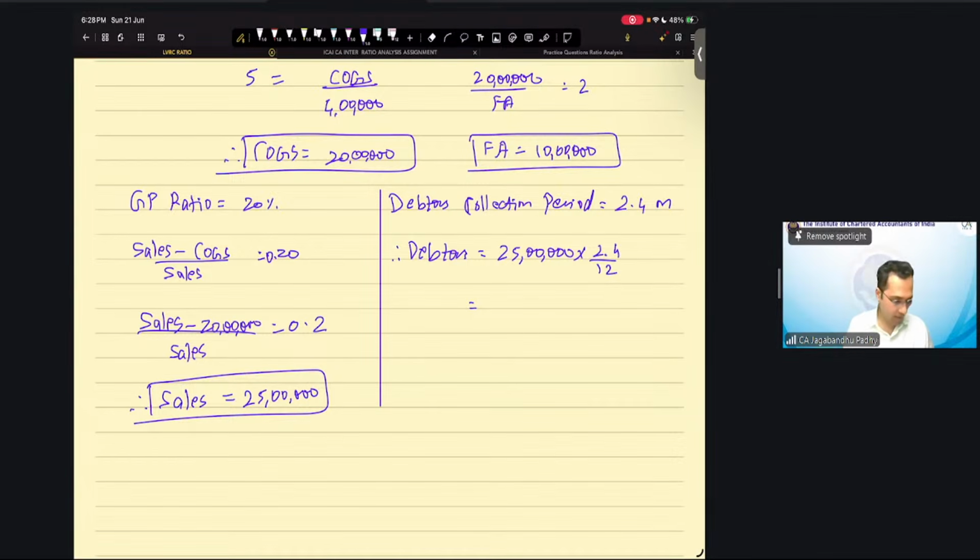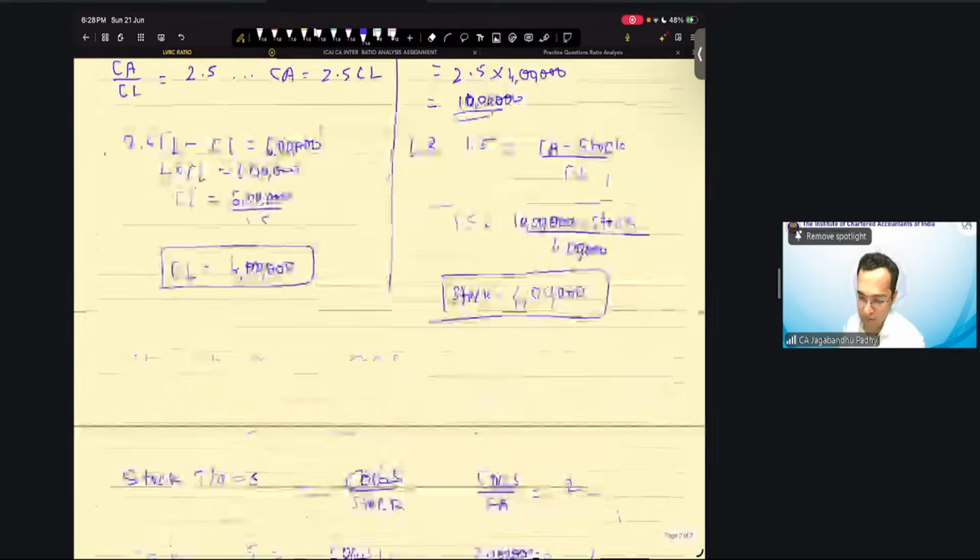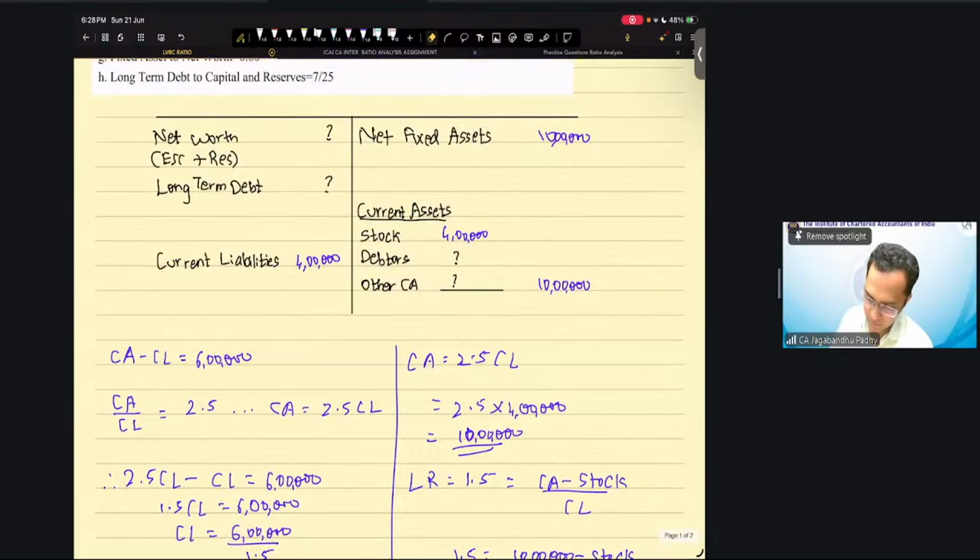That is 5 lakh. So we got the value of debtors as 5 lakh. Other current assets will be the balancing figure of 1 lakh.